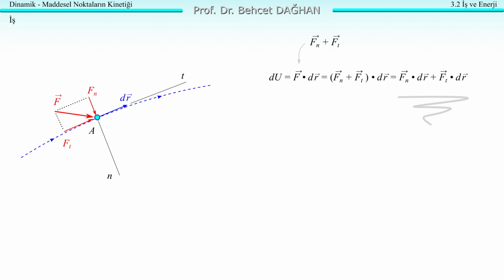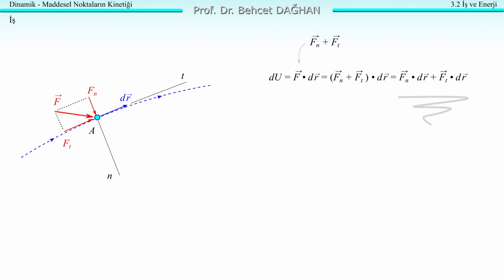Now let's write the perpendicular components instead of F. Let's write Fn plus Ft instead of F. Then, using the property of the dot product, let's distribute the parentheses. We get the result Fn times dr plus Ft times dr. So, the work done by the force F is equal to the sum of the works done by the normal and tangential components.